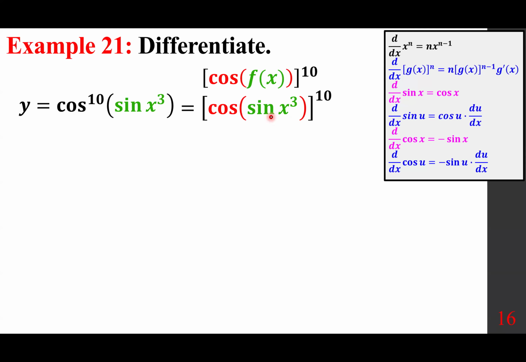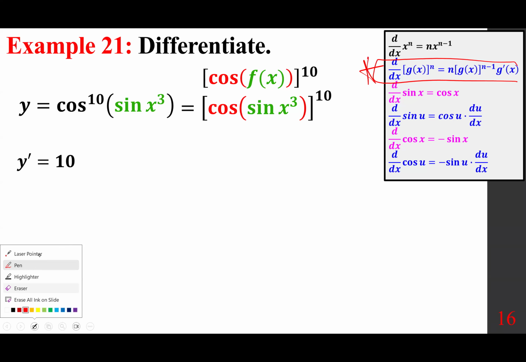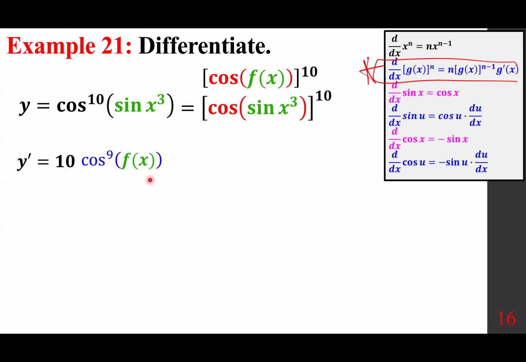Okay, we're going to come back to that. But for now, to differentiate that, y prime equals 10. Then this thing, whatever it is, this is the extended power rule we are using, everybody. If you go this route, it becomes really easy. So, as I mentioned, 10. Now this thing to the power of 9, so cosine to the power of 9 of f of x.